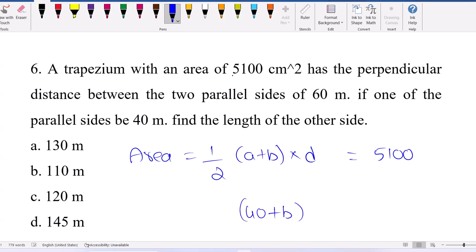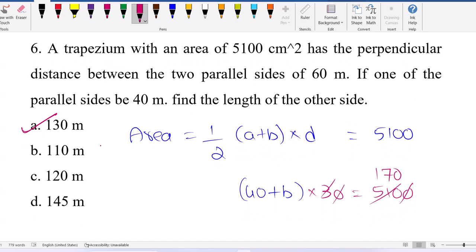Distance between parallel sides is 60. 60 divided by 2 will give 30 here. So 30 into the sum is 5100. So the sum is 170, meaning B should be equal to 130. This is the other parallel side, 130.